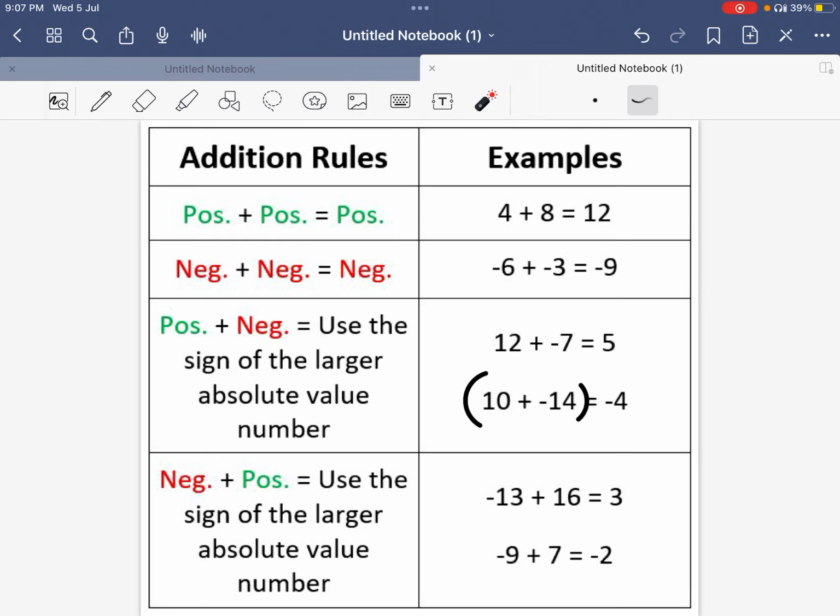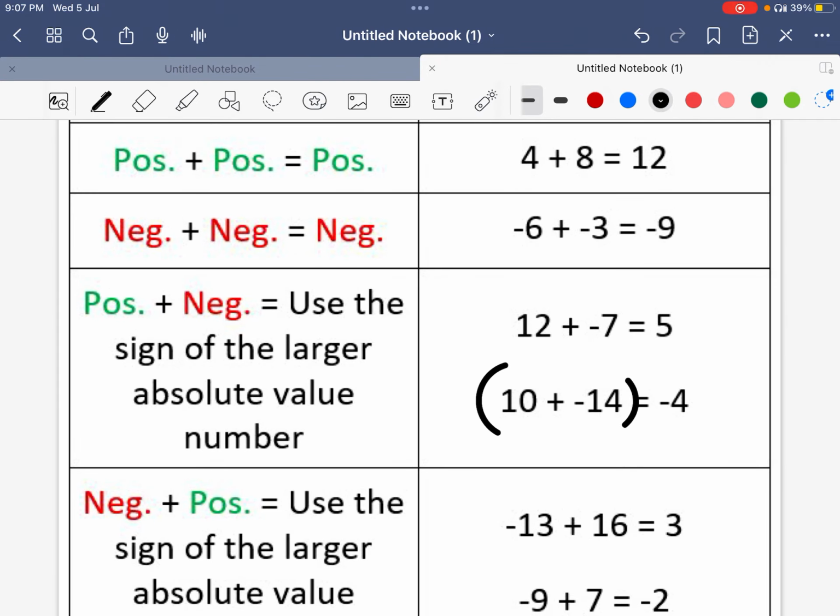As per the previous case, we simply subtract these two numbers: 10 minus 14.